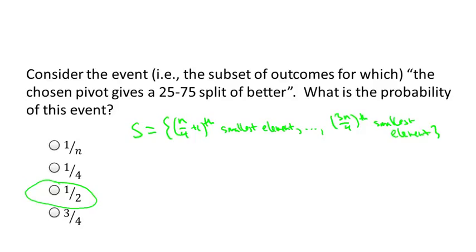Now the cardinality of S, the number of pivots in this set, is essentially half of the overall number of pivot choices. I'm ignoring fractions here for simplicity. So the probability of this event is the cardinality of this set times the probability of each of the individual outcomes. And since we choose the pivot uniformly at random, each one has probability 1 over n, so we get n over 2 divided by n, or 1/2.